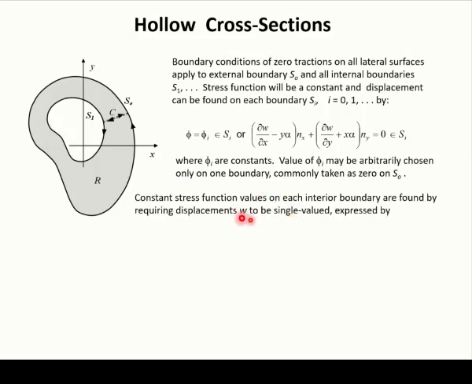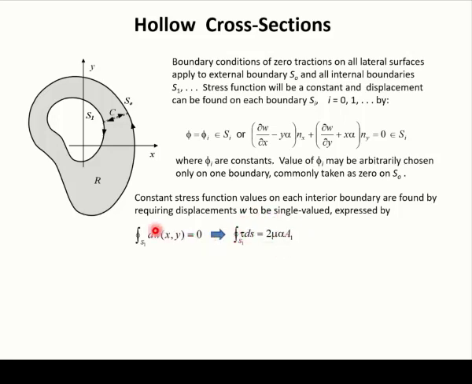And then if we select these constant stress functions, it results in single valued displacements, and from there you can also find that. If you want to find your shear stresses, we can use this equation.